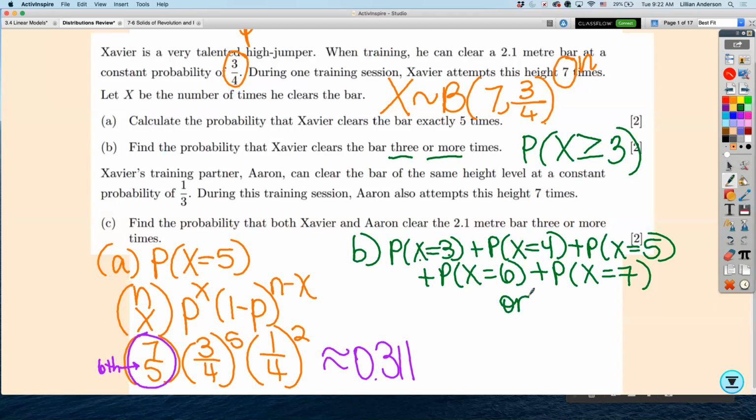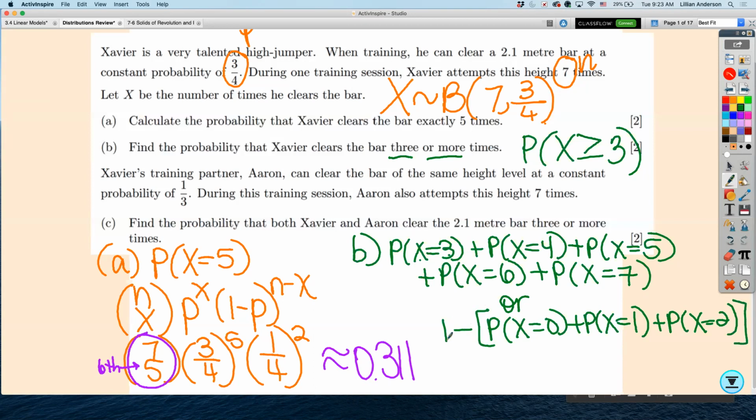Or you could do the complement, meaning you could find the probability of 0, 1, and 2, and then subtract that sum from 1. That's another way that you could figure out clearing the bar 3 or more times: finding the probability of him not clearing the bar 0, 1, and 2 times, and then subtracting it from 1.